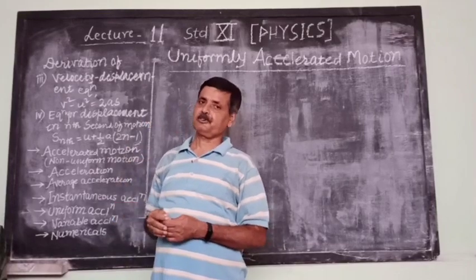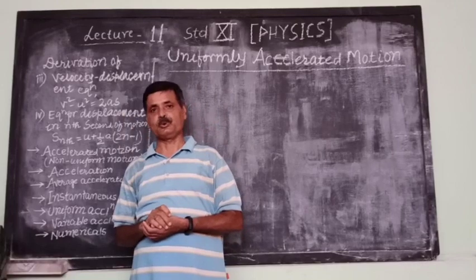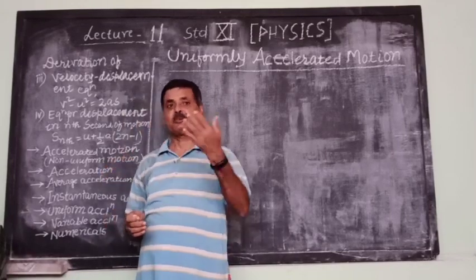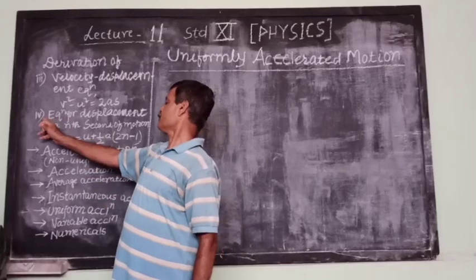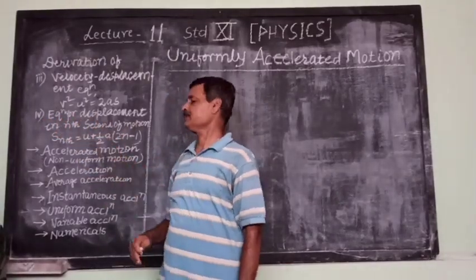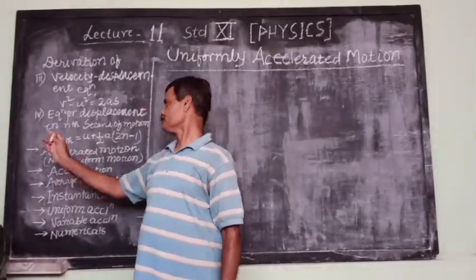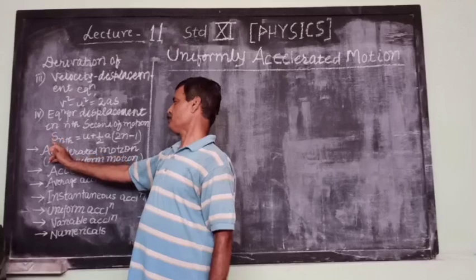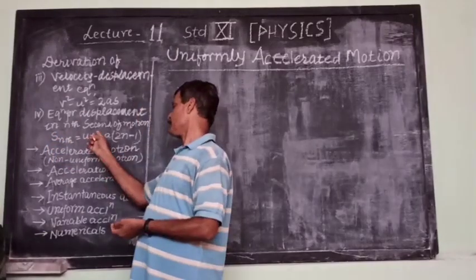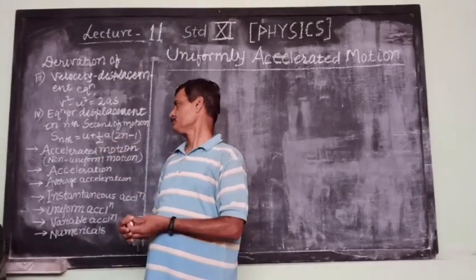The velocity displacement equation, that is v square minus u square is equal to 2as, it will be our duty to prove by the calculus method. Fourth equation, that is the equation for displacement in the nth second of motion. Means we have to prove s nth equal to u plus half a into 2n minus 1.